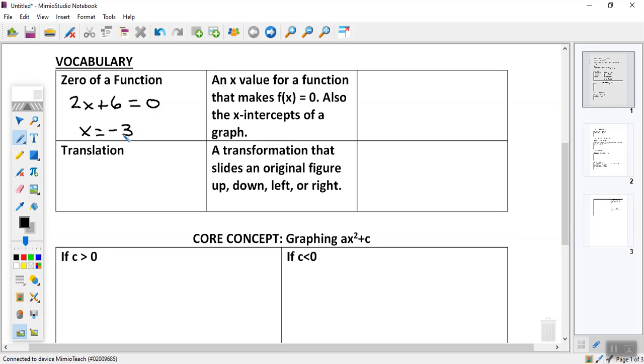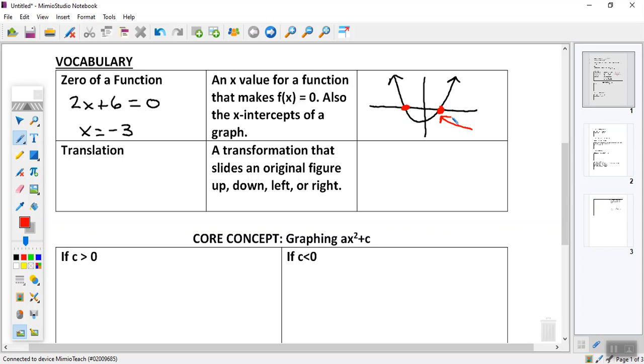Now, if I had a graph, let's just draw a quadratic through this right here. If you had a quadratic graphed like this, and they asked you what the zeros are from a graph, the zeros would simply be the x values where it crosses the x-axis.